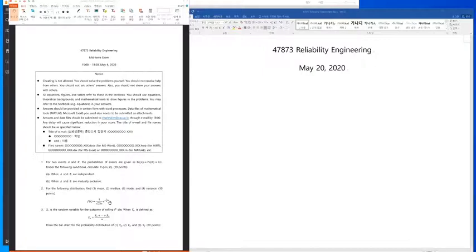So it should be exponential to the power of minus 1 over 2, times log of t squared, which is the correct form of the equation for, in fact, the log normal distribution.